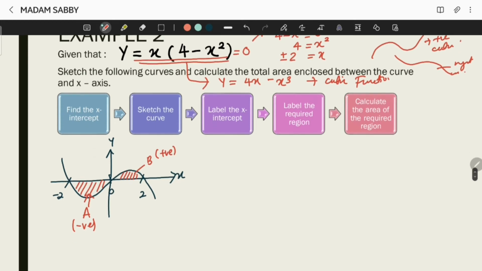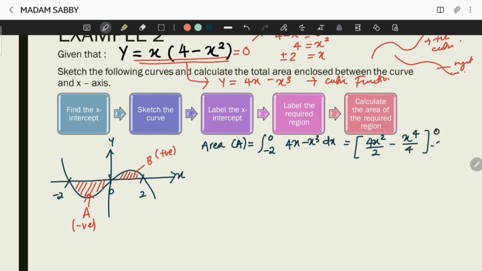So let's calculate the area. Area A equals, from the upper limit 0 to negative 2, the expanded function 4x minus x cubed dx, which equals 4x squared over 2 minus x to the power of 4 over 4, between 0 and negative 2.